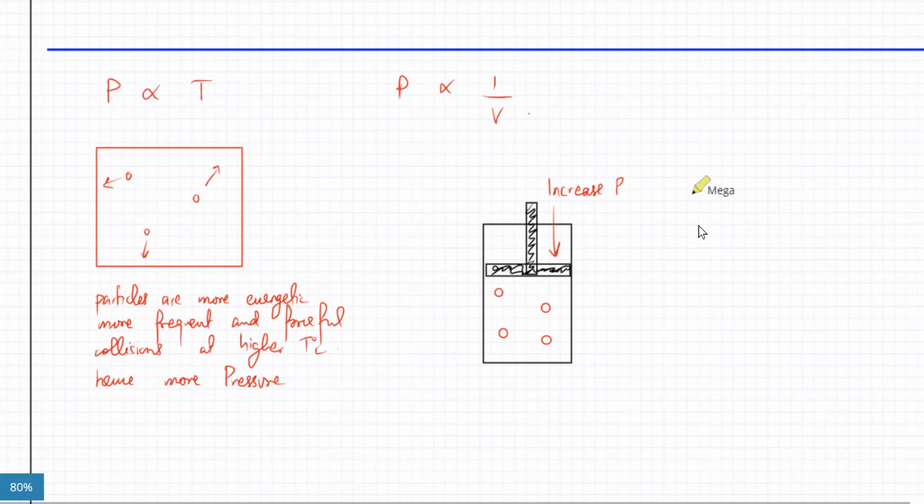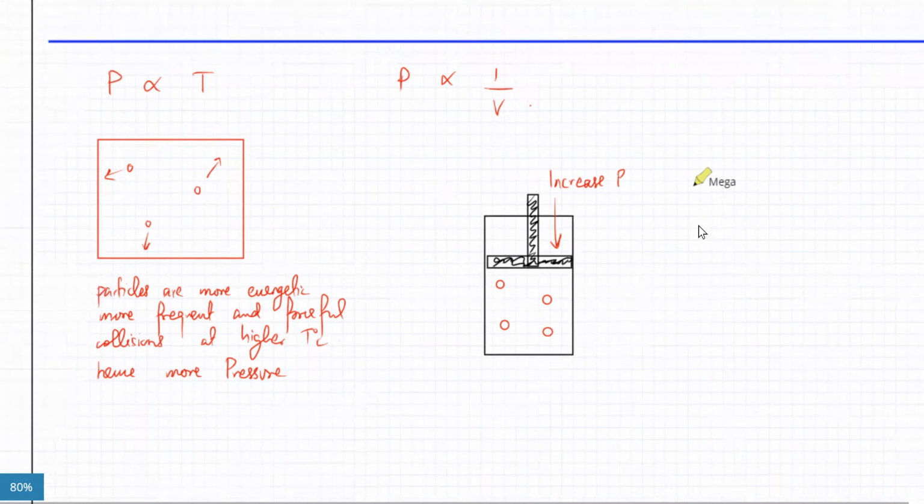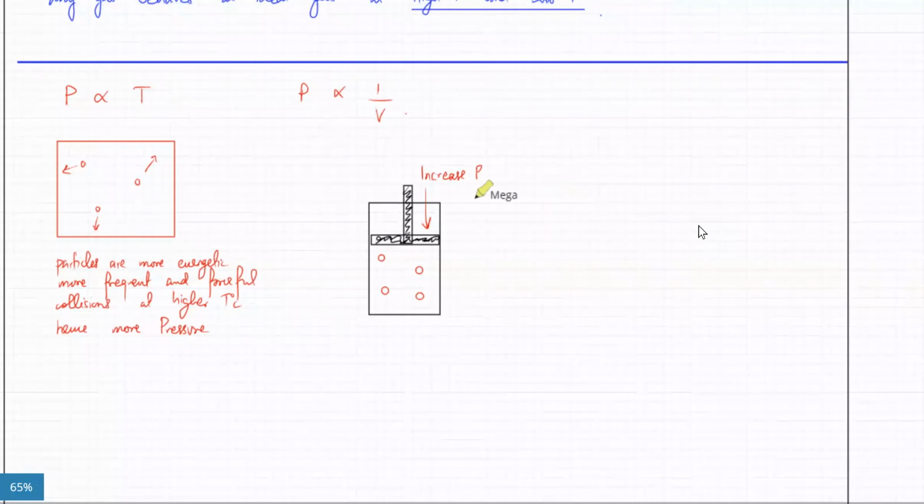That's the second one. And then there's a third one, which is that pressure is directly proportional to the number of moles of the gas. So that's the third relationship, and n is the number of moles. Now this obviously makes sense.